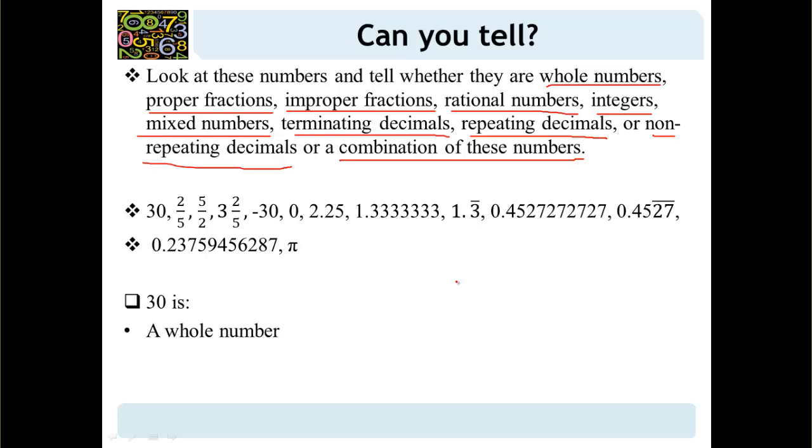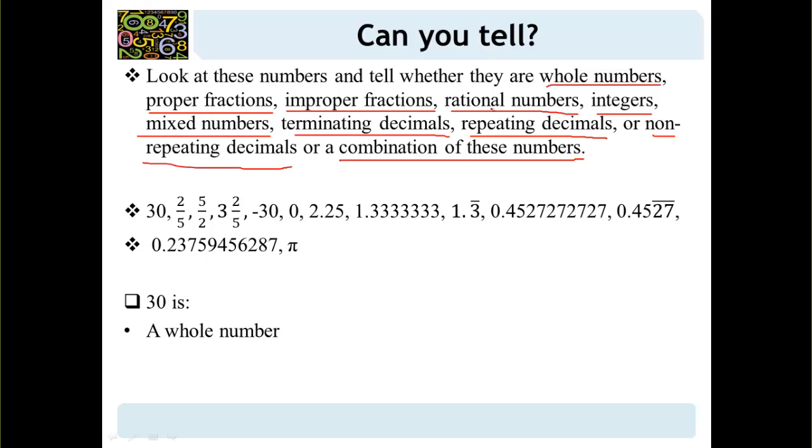Remember, whole numbers are positive numbers that you can count, and also 0. 30, you can count it. So it's also a natural number, but I didn't write natural number here. It's a positive number that you can count, which makes it a natural number.